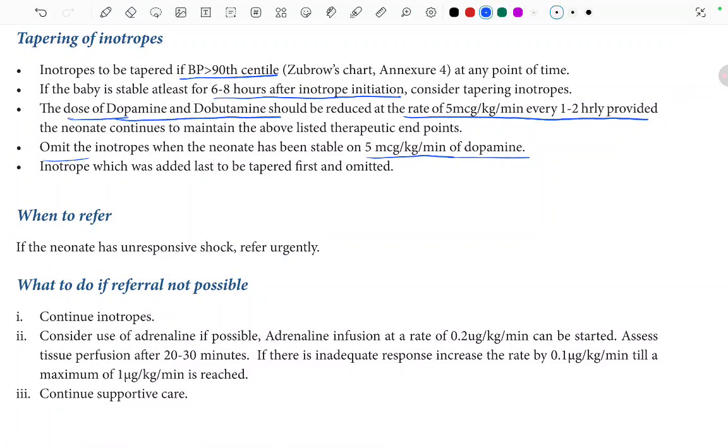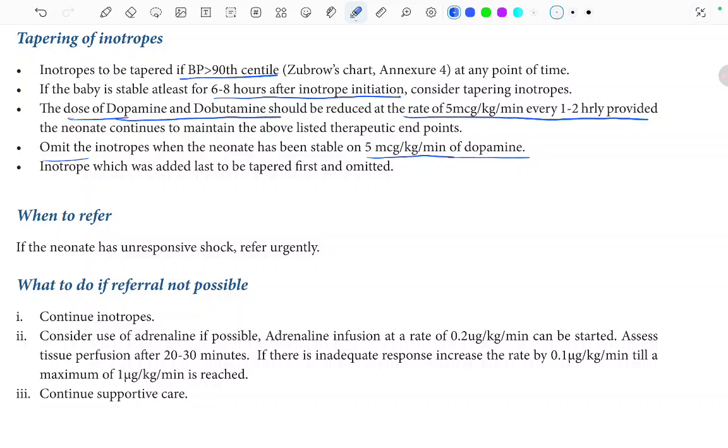Then we have to continue the inotropes and consider use of adrenaline if possible. Adrenaline infusion at the rate of 0.2 microgram per kg per minute can be started. Assess the tissue perfusion after 20 to 30 minutes. If the response is not adequate, increase by 0.1 microgram per kg per minute till a maximum of 1 microgram per kg per minute is reached, and continue the supportive care.